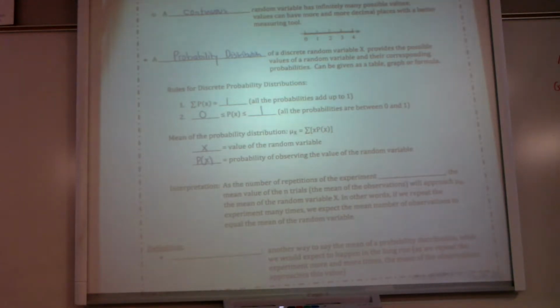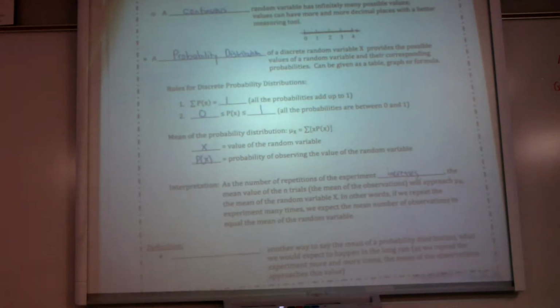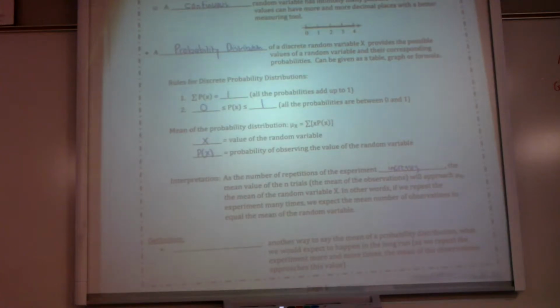So you might go to one game and they score 0 goals, and you might go to another game and they score 6, because it will change. But as we look at many, the average of those is going to be our expected value, which is the mean of our random variable. I'm going to write in here where I said increases. So larger sample sizes are always awesome. We like large sample sizes.